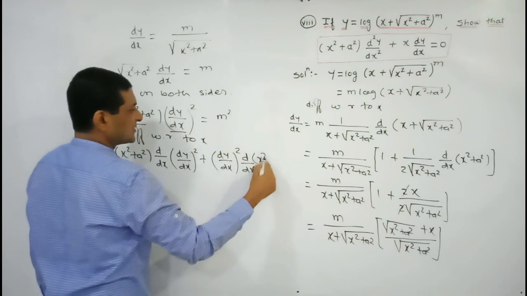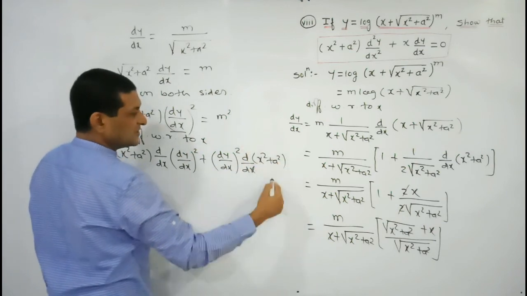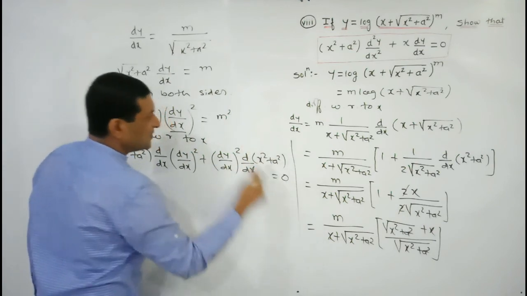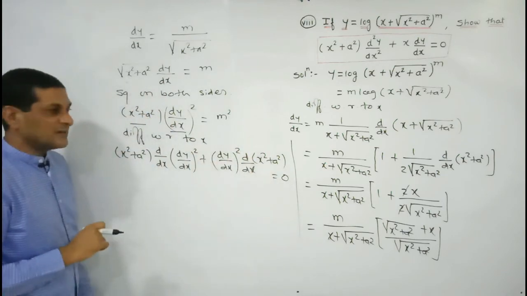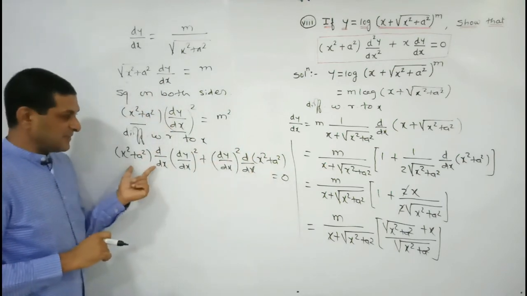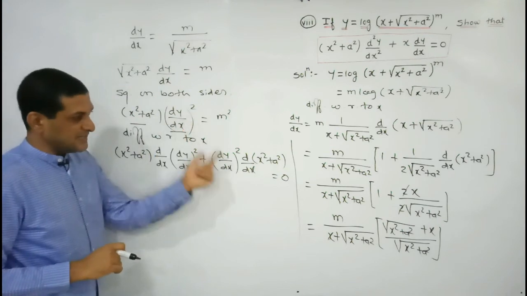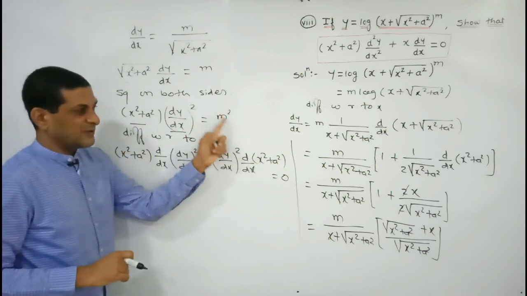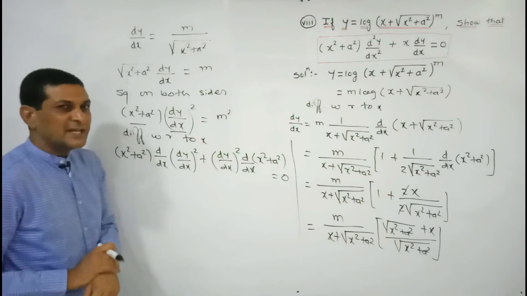What is the first term here? x square plus a square, and on this side the derivative of m square will be equal to 0 since it is a constant term. We have just applied the product rule, first term as it is, derivative of second term, plus second term as it is into derivative of first term, and on this side the differentiation of a constant term is 0.